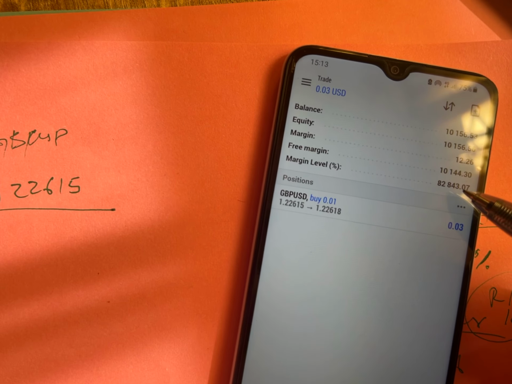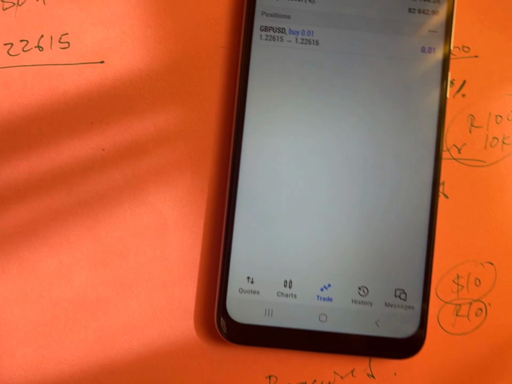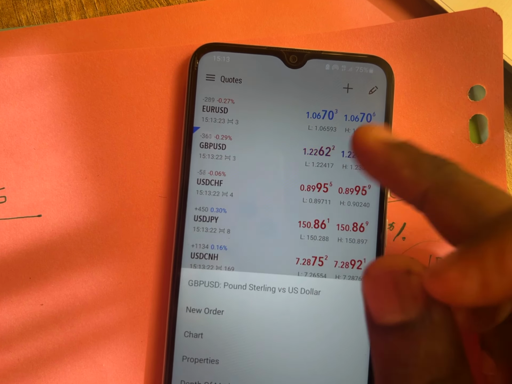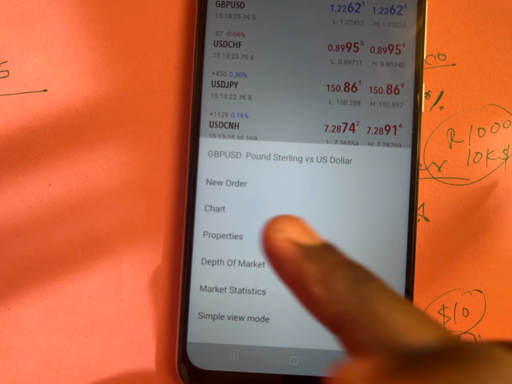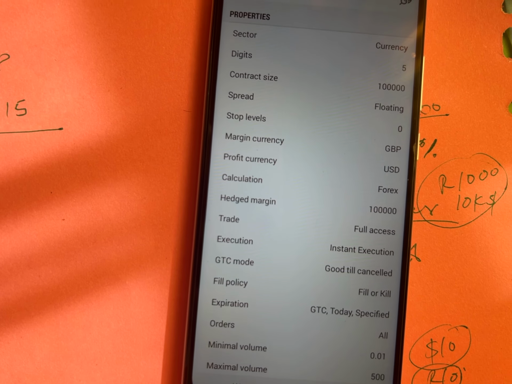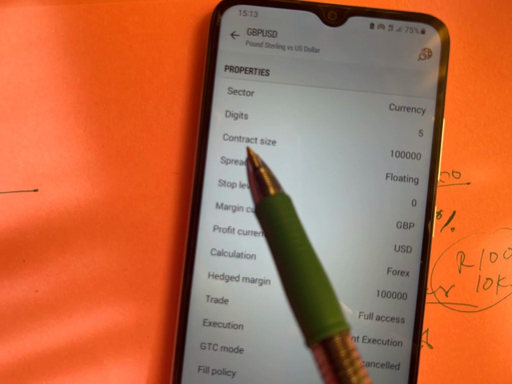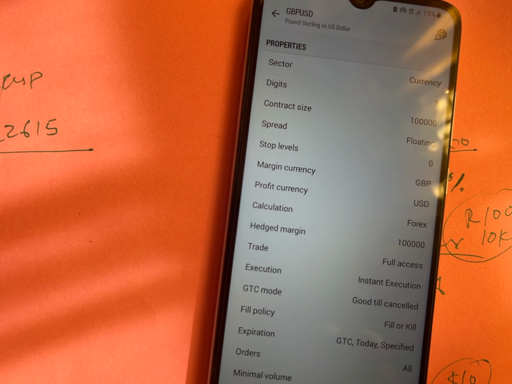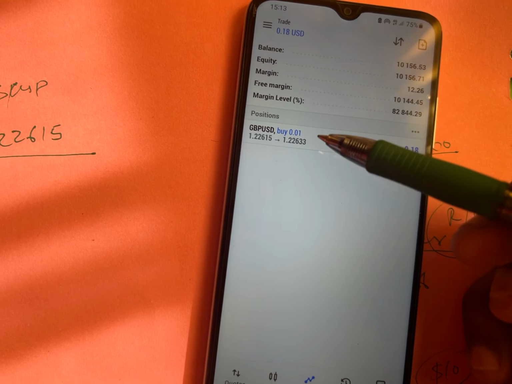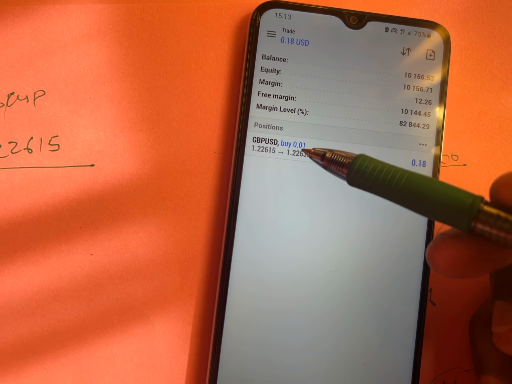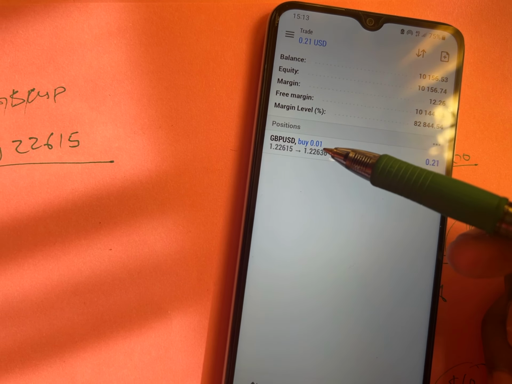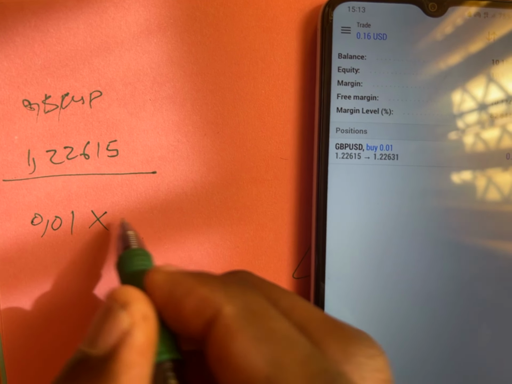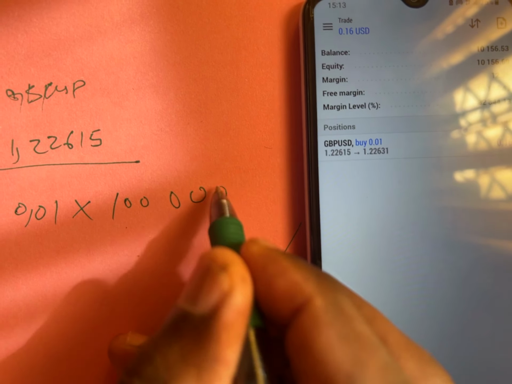Then we're going to come here to the codes, and then we're going to come to GBP, press and hold, and then go to properties. If you're using a laptop, go to specification, and you'll see it. Then what we're looking for is the contract size. The reason we need the contract size is to understand the number of units that we bought using this volume of 0.01, so that we can multiply by the 100,000 contract size.